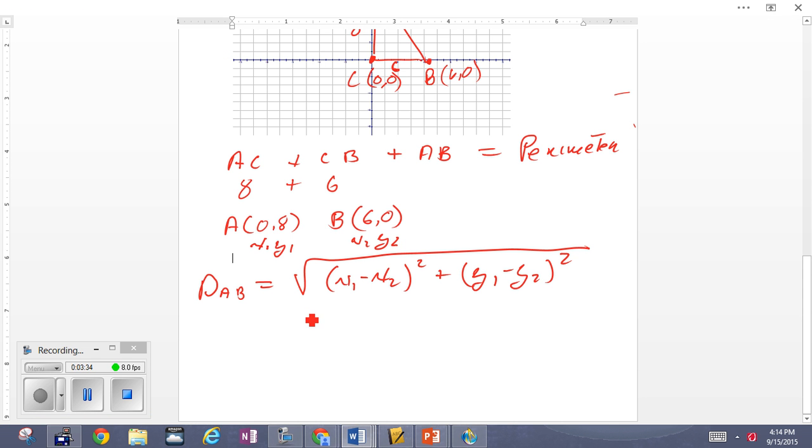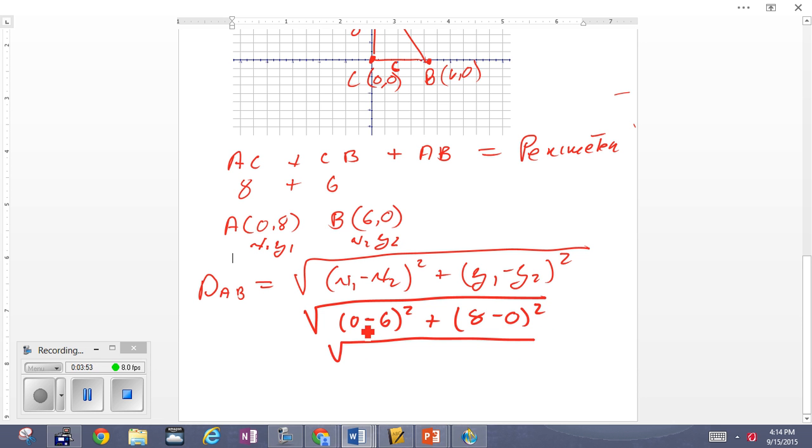All right. What's nice about this, x1, so that's going to be 0 minus x2, which is 6, squared, plus y1, which is 8, minus y2, which is 0. The nice thing with these is, as you can see, you got a 0 as one of the values in there, which makes the computation easy.